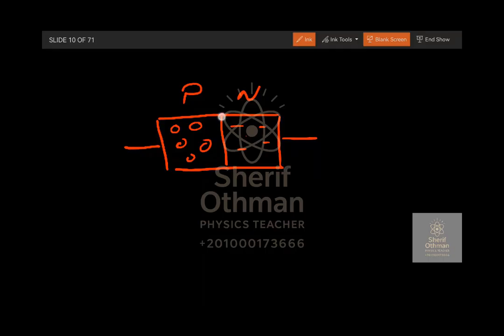There is an area between them called the depletion region. What is the depletion region? It is the area which doesn't allow electrons to move through.